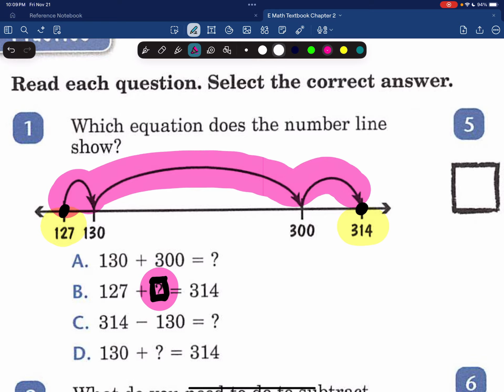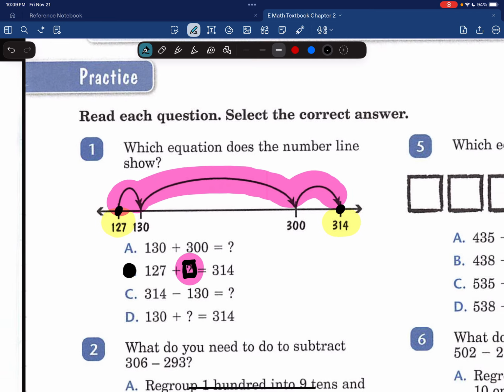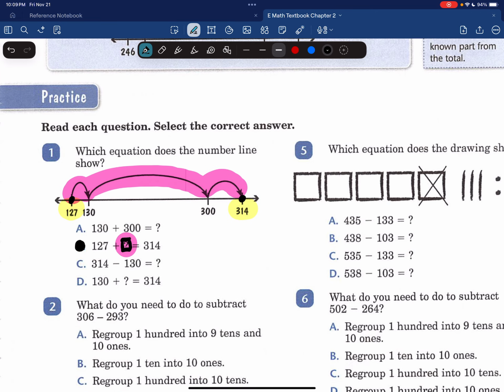And I've got a pen that's way too big. But that's the answer we're looking for. 127 plus some unknown amount is 314. And all we have to do is pick the correct equation. We do not have to solve it. You're doing algebra right there. As soon as you introduce that unknown, that question mark, you're doing algebra.